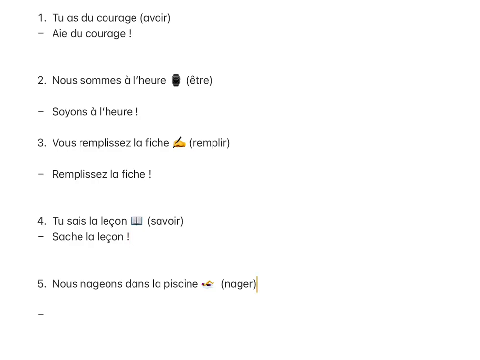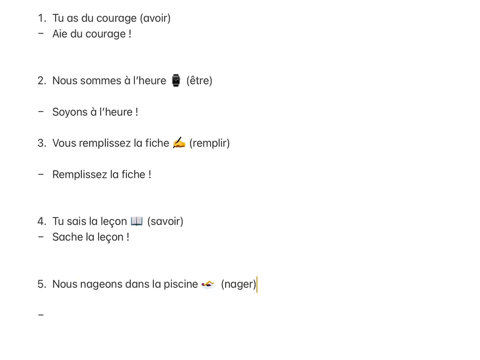Nous nageons dans la piscine, which means we are swimming in the swimming pool. The subject pronoun is nous. The conjugated verb is nageons, which belongs to the verb nager, which means to swim. So we need to make the imperative form for the verb nager with respect to the subject pronoun nous.